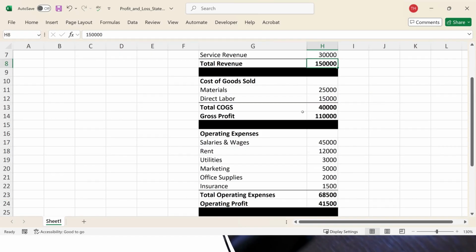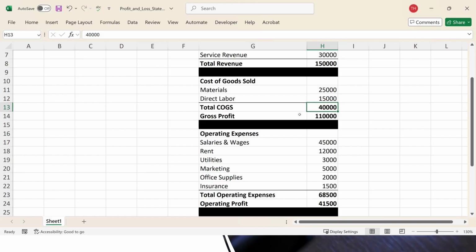In the cost of goods sold, if you're making a car, the materials and the labor to make that car go into the direct cost. We'll talk about indirect expenses in a moment, but those are direct costs because they go directly into making the product or service. So you see here for materials, we had a cost of $25,000. For direct labor, we had a cost of $15,000, for a total of $40,000.